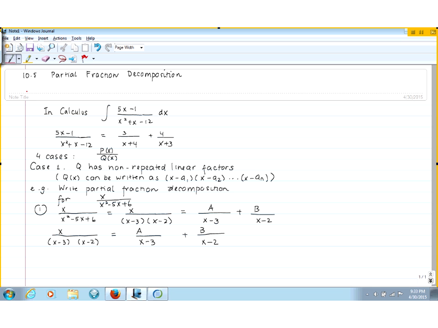Now what we want to do first is eliminate the denominator. So we multiply both sides by the LCD, which is x minus 3 times x minus 2.